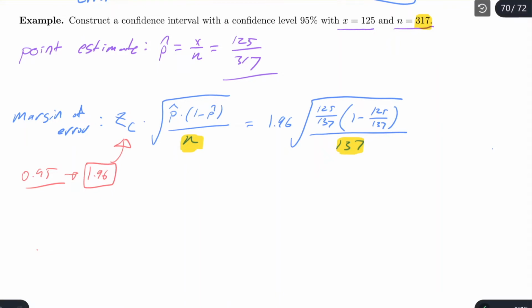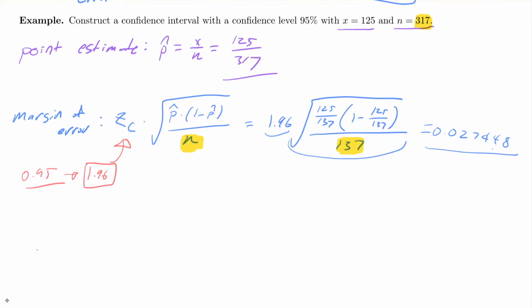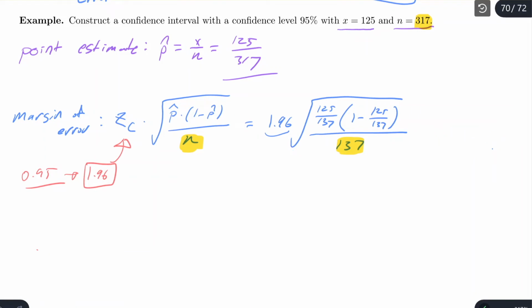So then if I calculate this, I multiply this and this number on the calculator, I get 0.027448. Yeah, 6 decimals should be good enough. So that's the margin of error. Oops, sorry. I actually forgot to multiply. So you can make sure to test this on your own calculator. Let me do it separately.